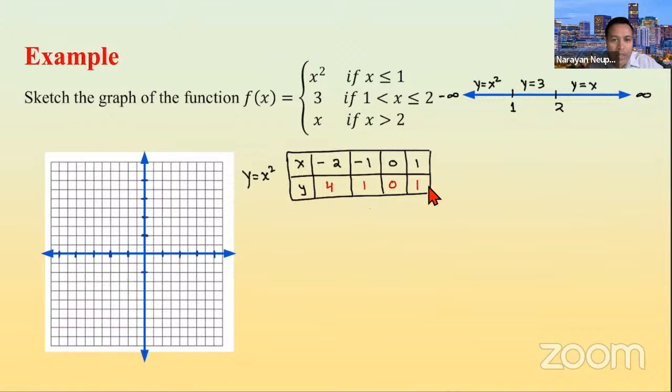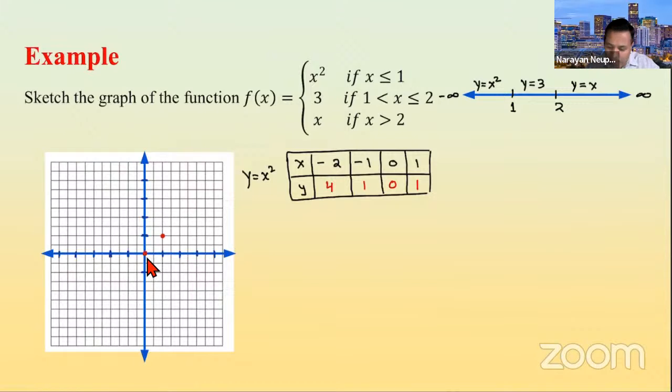So let's try to plug in those values. See, this one is 1, 1. Look at the screen, 1, 1. And you can see 1 is also included because here we have less than or equal to 1. So that point is also included. So 1, 1 is here. That is included, so we'll put a dot there. The next one is 0, 0, which will be here at the origin, where I'm pointing.